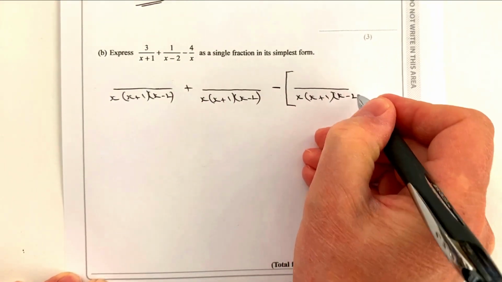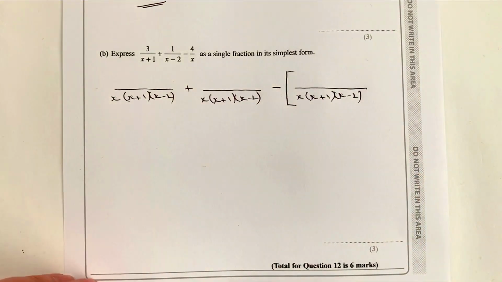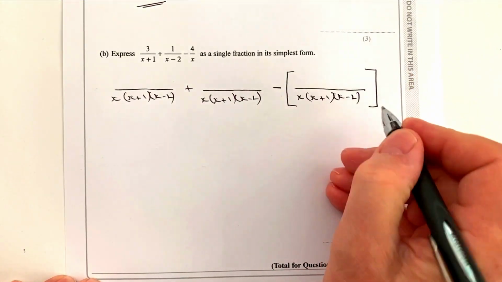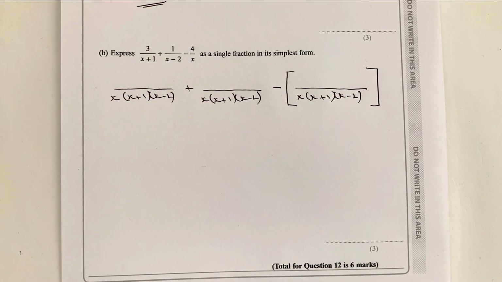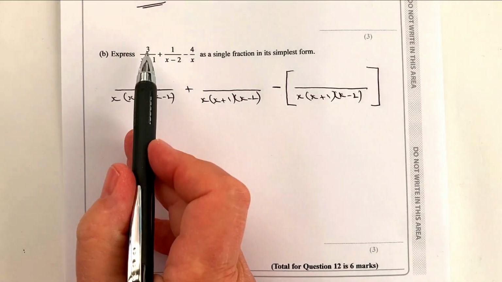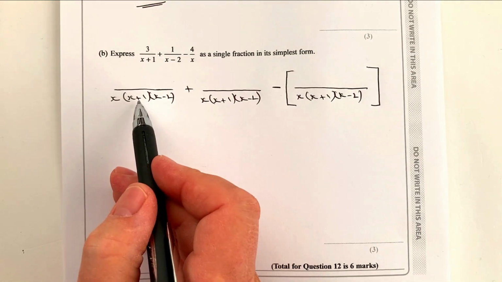So I'm still going to write the same denominator in as the others, and I'm going to close my square brackets. So I now know I've got a position where I've got 3 fractions, all of which have got the same denominator. All I've got to do now is worry about the numerator. So the numerator on this one is 3. Well, it's already over x plus 1.